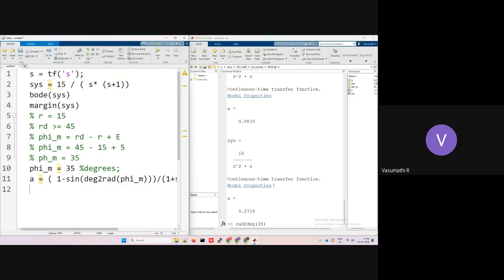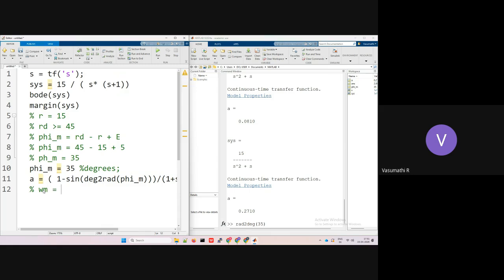The next thing is to find your omega m. In the notebook I have explained, right? The relation to find the T: to find T, there is an intermediate step, that is omega m. I am saving omega m as Wm.